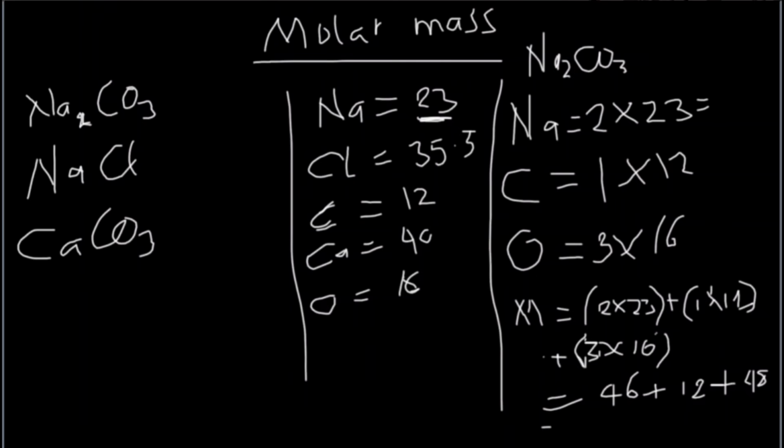So the molar mass of Na2CO3 is 46 plus 12 plus 48, which gives you 106.